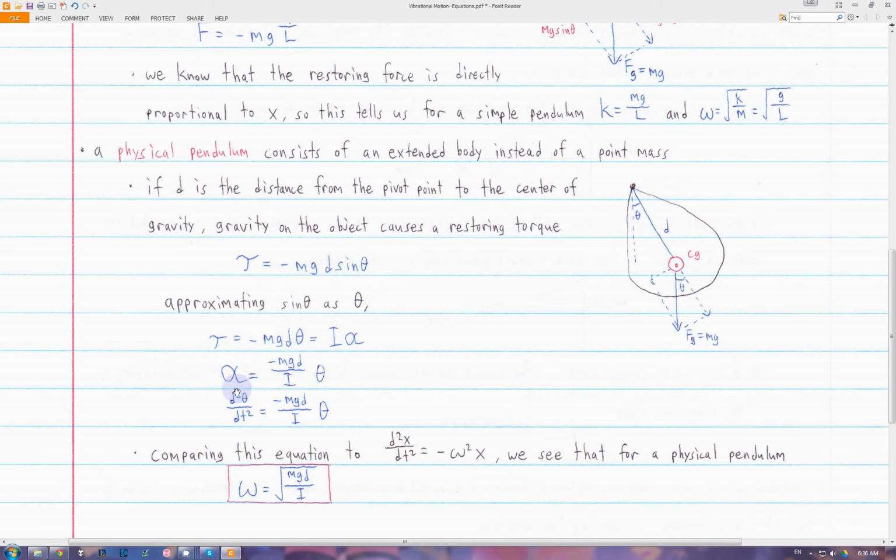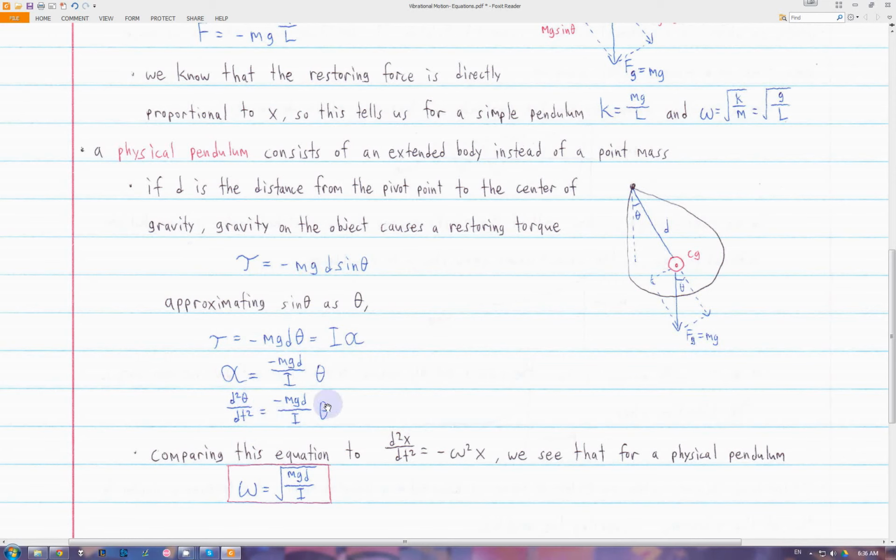And so then we can solve for the angular acceleration, and then we have the differential equation, which is characteristic of simple harmonic motion. See, we have the second derivative of the displacement is proportional to the displacement.